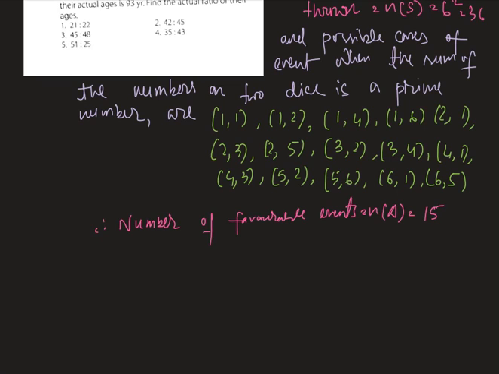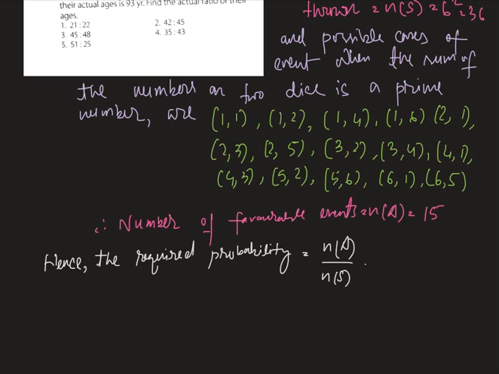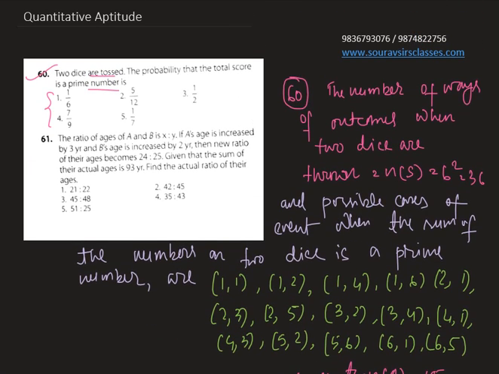Hence the required probability is equal to n(A) by n(S), which is nothing but 15 by 36, which results in 5 by 12. So the required answer for this question is 5 by 12, that is option 2.